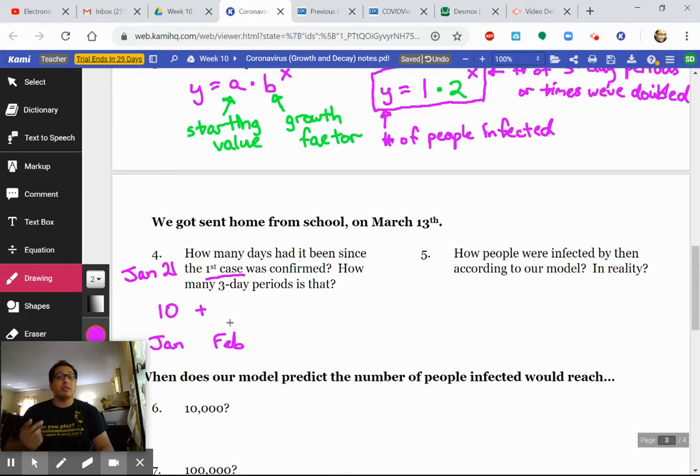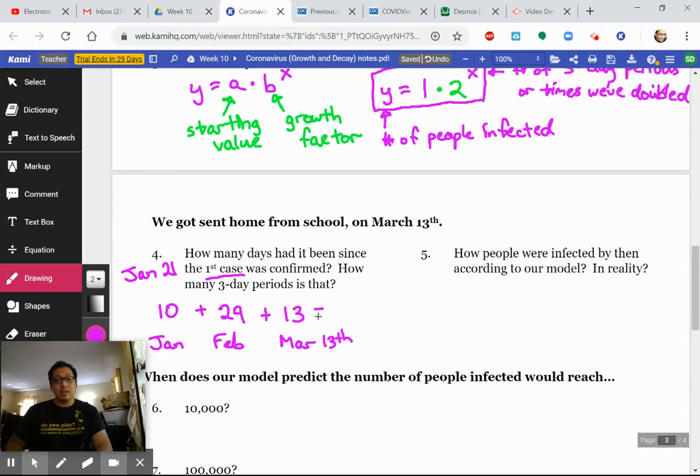And don't forget, this year is a leap year, so normally there's 28 days in February, but this year there were 29. And then March 13th. So we were 13 days into March. So we had 10 days left in January, 29 days in February, and 13 days by March 13th.